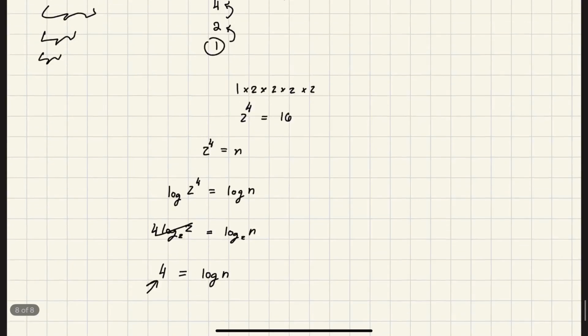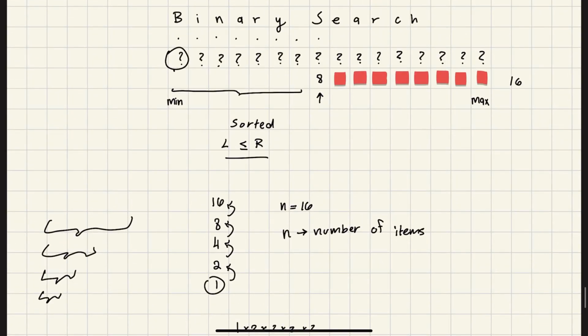And because we were always using this property that left is less than or equal to right properly, we knew that we never got rid of the number. And if it did exist, then it has to be that last option. And if that last option is not the number that we're searching for, then it never existed in there to begin with.